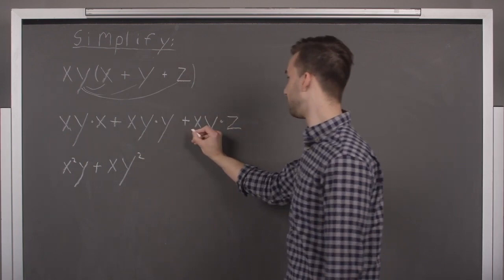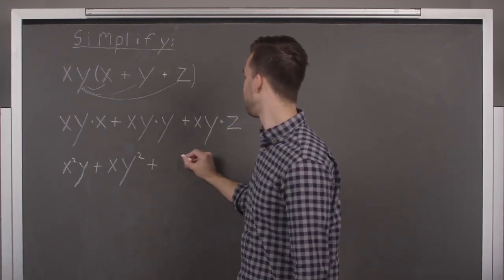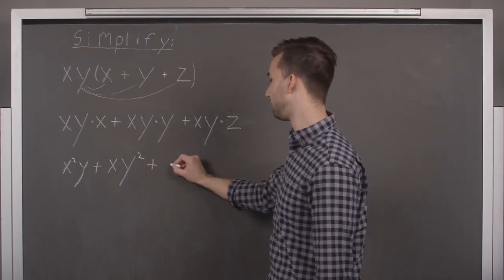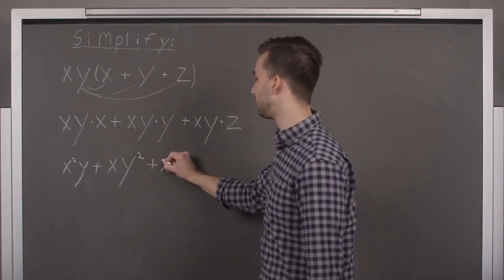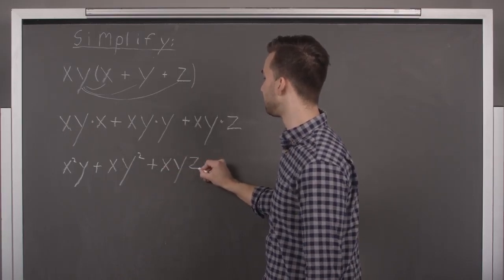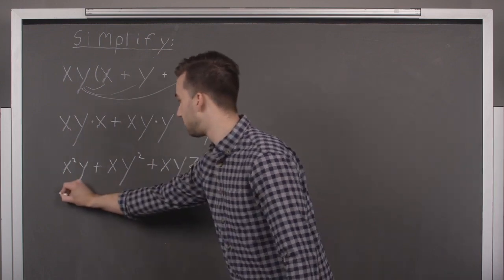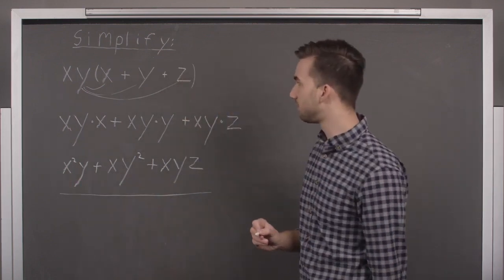And then over here we have plus x times y times z can just be written as x y z. And so I don't think we can simplify anymore. This is our solution for this example.